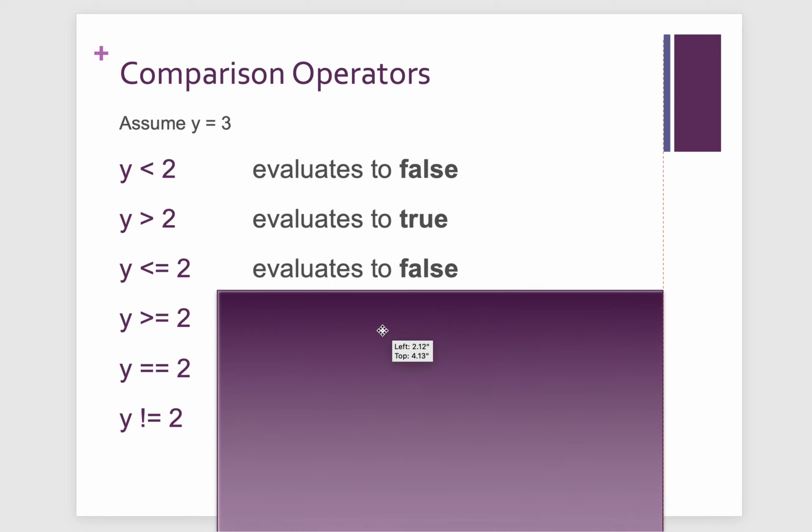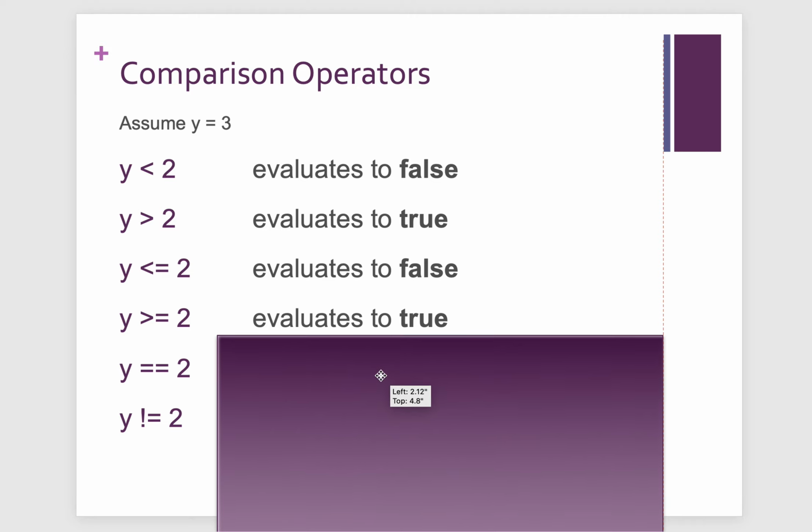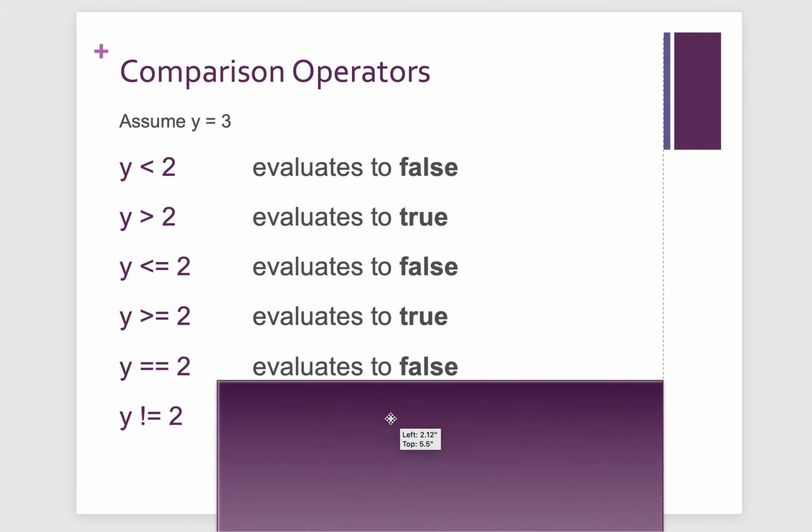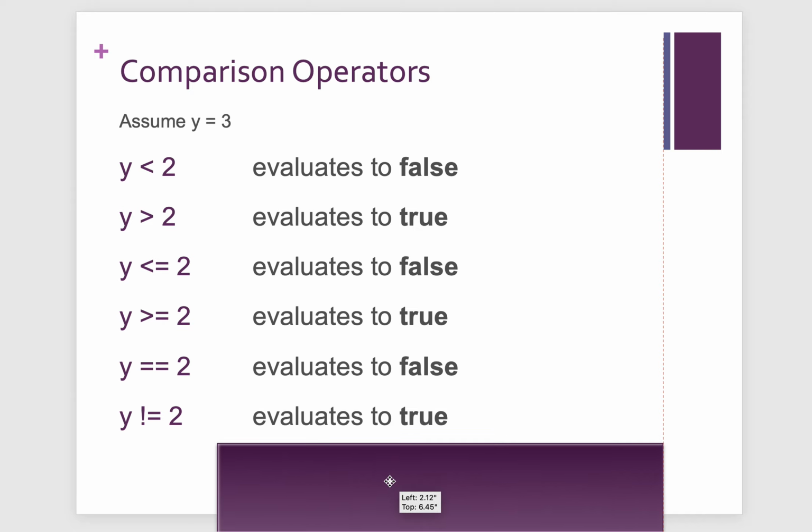That evaluates to false. Is y greater than or equal to 2? True. Is y exactly the same as 2? False. It is not exactly the same. And that's the next question. Is y not equal to 2? Well, y is not equal to 2, so that evaluates to true.